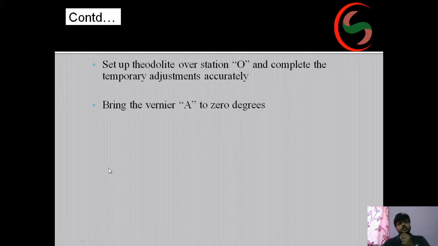Next, after that, bring the vernier A to 0 degrees. For that, first loosen both the upper clamp and the lower clamp, and bring vernier A to 0, which means you make the main scale reading 0 degrees and the vernier scale 0 degrees coincide with each other.